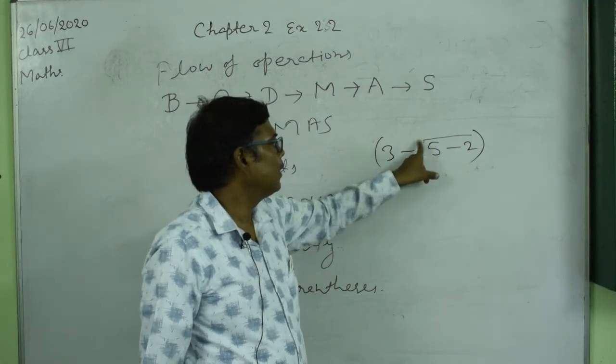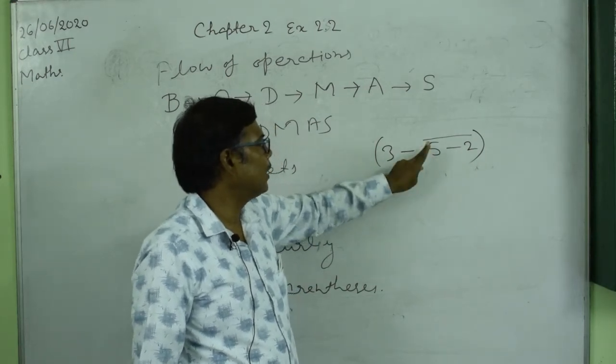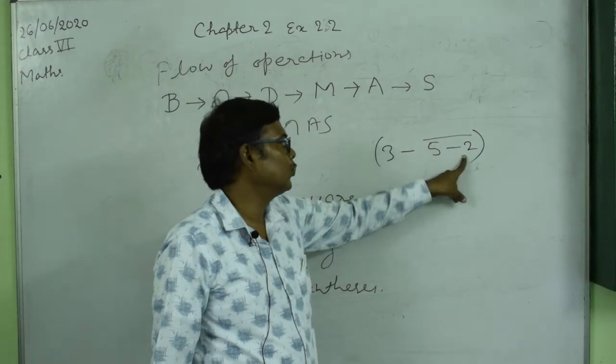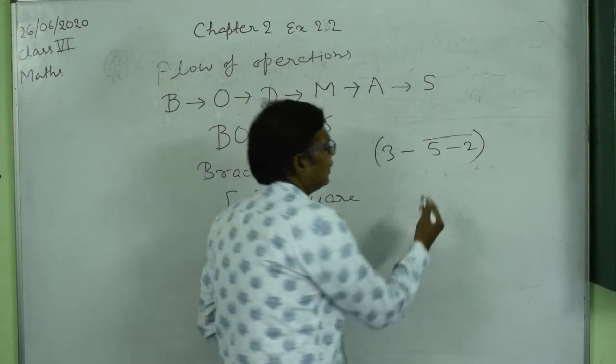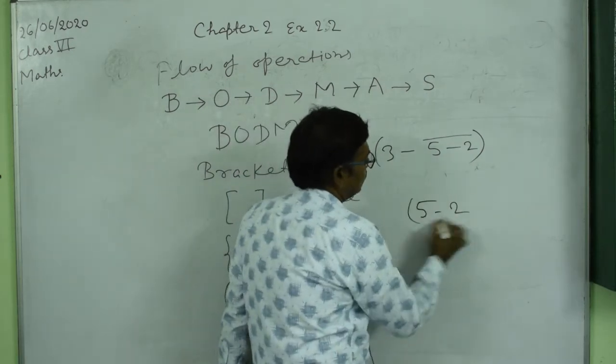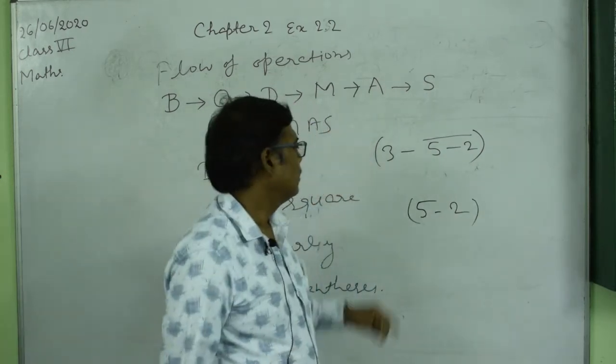When we write this bar over it, this line is over 5 minus 2. It means that 5 minus 2 should be thought of as being within a bracket.